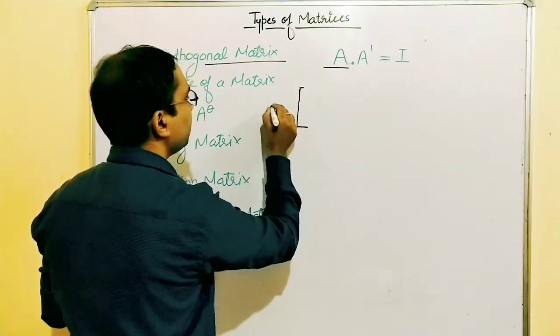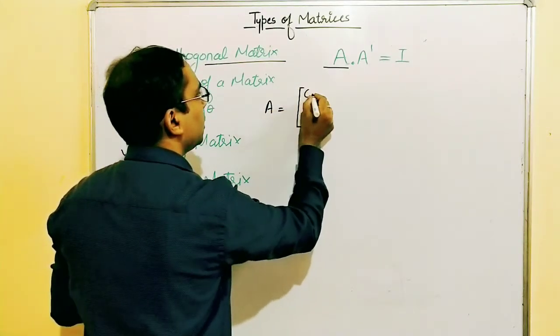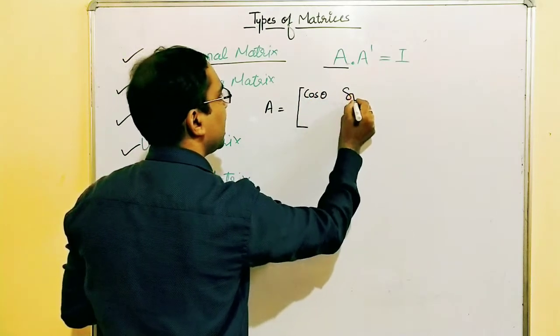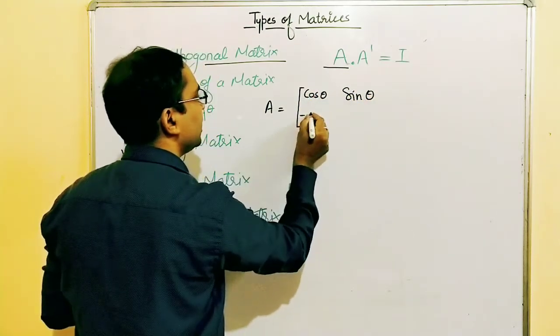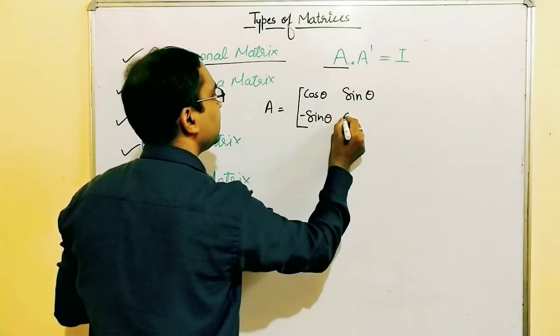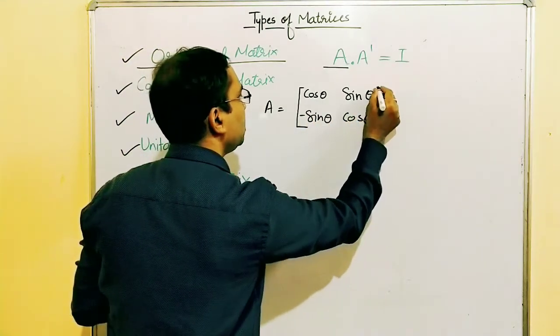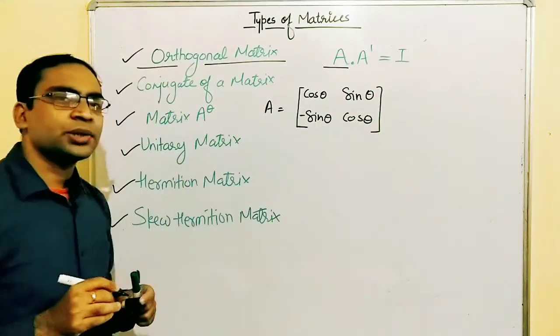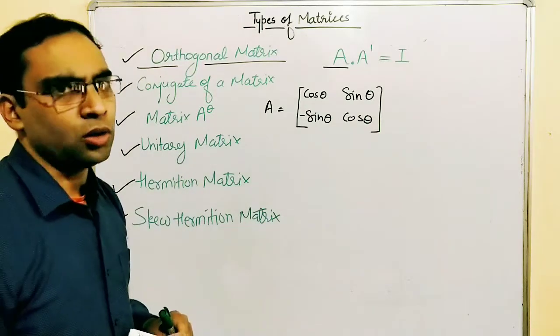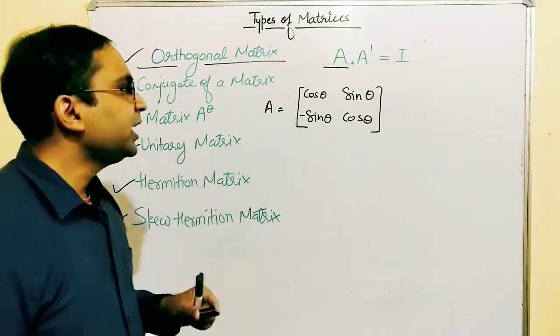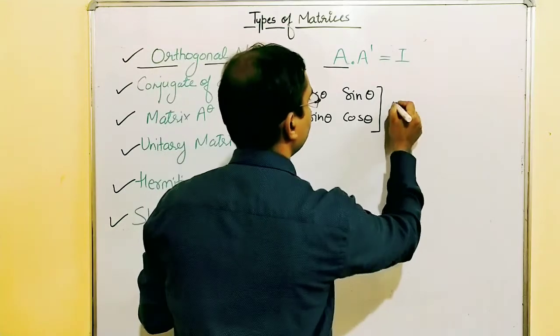Let's say we have a matrix A which has the values cos theta, sin theta, minus sin theta, and cos theta. We need to check whether this given matrix A is an orthogonal matrix or not. For that we need to obtain its transpose.